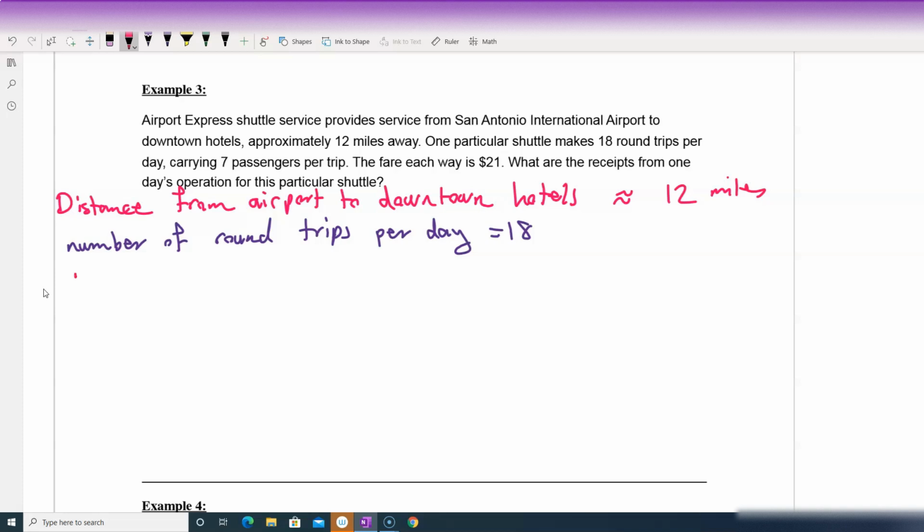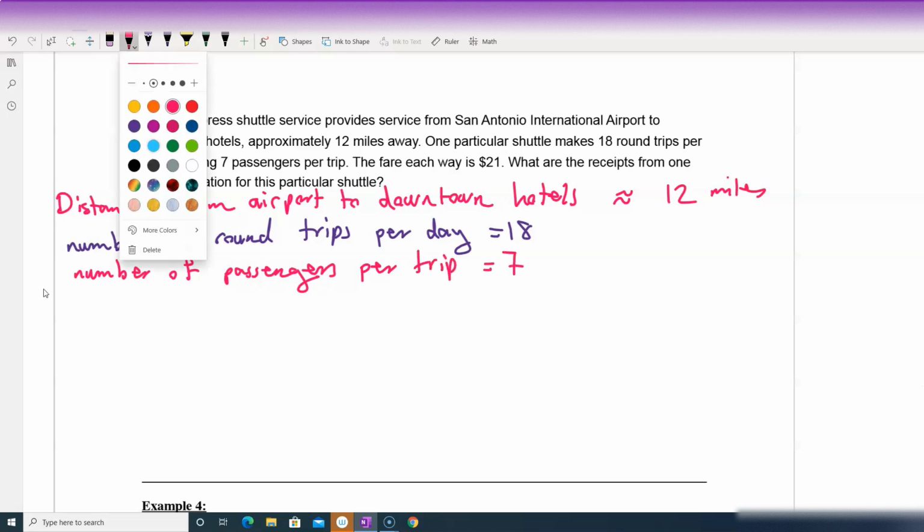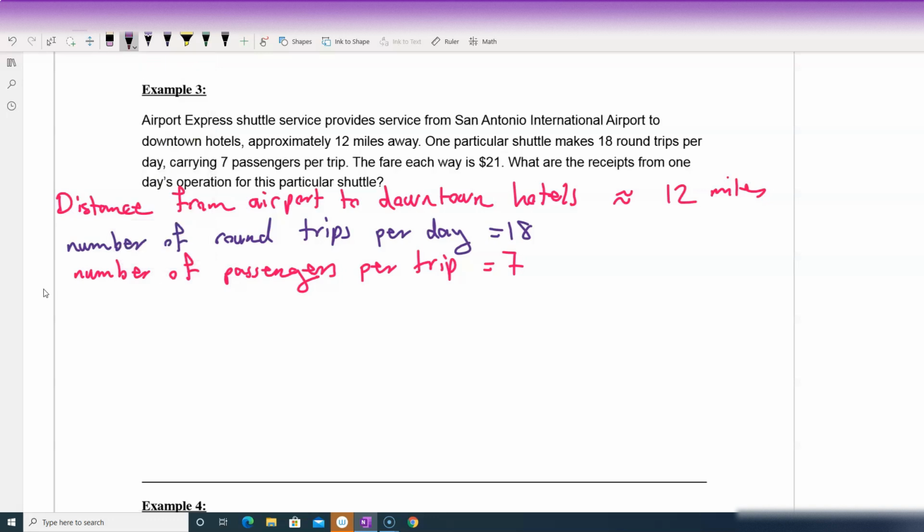Number of passengers per trip is 7. And the fare each way is $21.